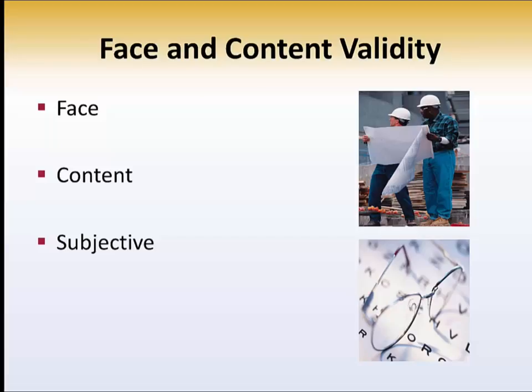Relevance validity consists of face validity and content validity. These are subjectively assessed. Face validity is basically an observation of whether the measurement process on the face of it looks like it is measuring the trait that you are trying to assess. Content validity is a little more detailed and involves critical analysis of the assessment process, the measurement process.